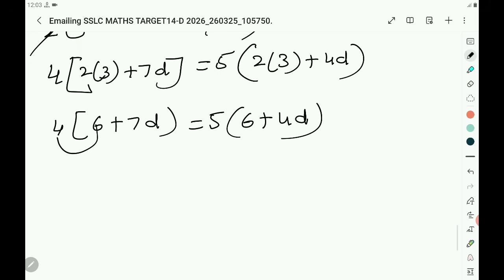Multiply it. 4 into 6 is 24, plus 4 into 7d is 28d; 5 into 6 is 30, plus 5 into 4d is 20d.